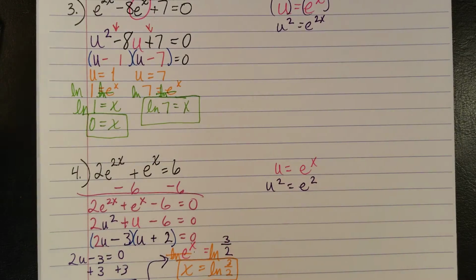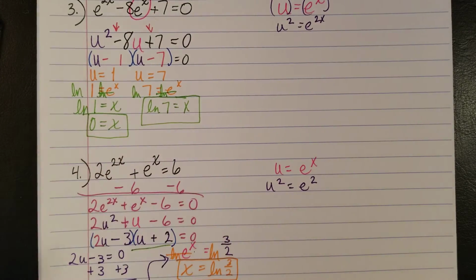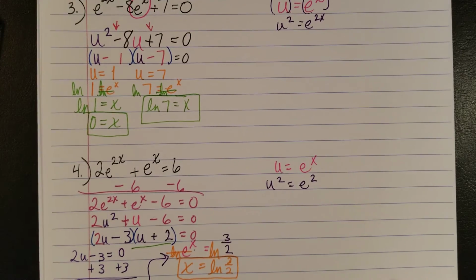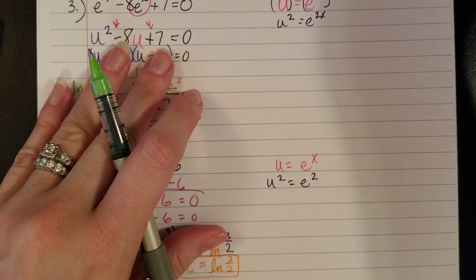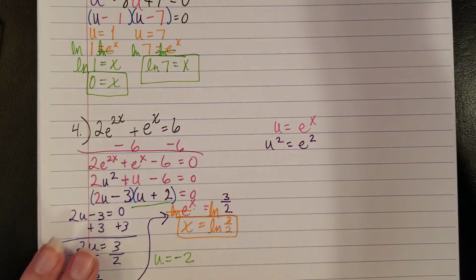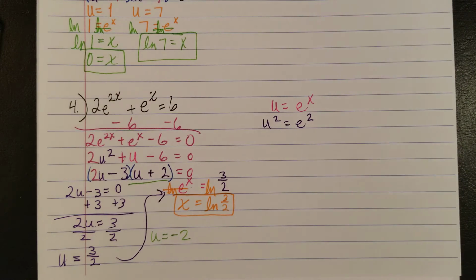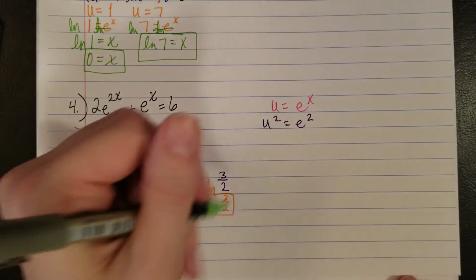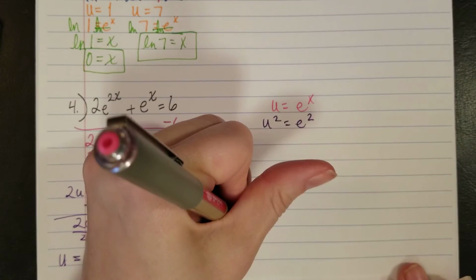And then my other one, that would tell me that u equals -2. Oops, I went off the page, just off the screen just a little bit. Sorry about that. So if u is -2, then that means that -2 equals e to the x, where e to the x equals -2.